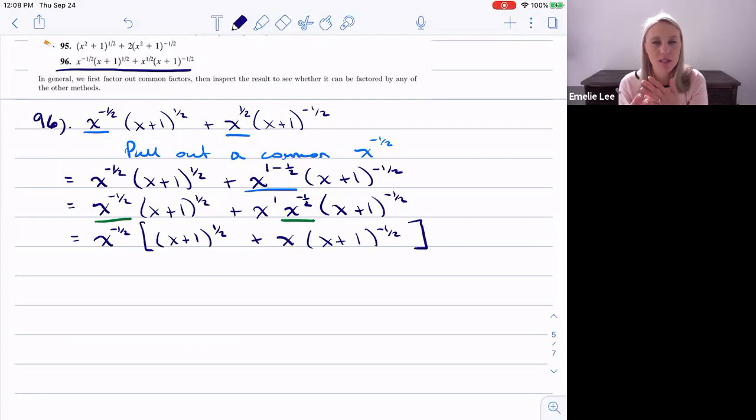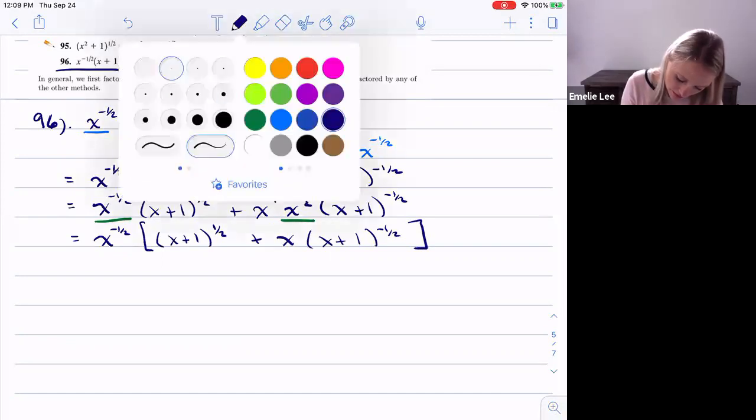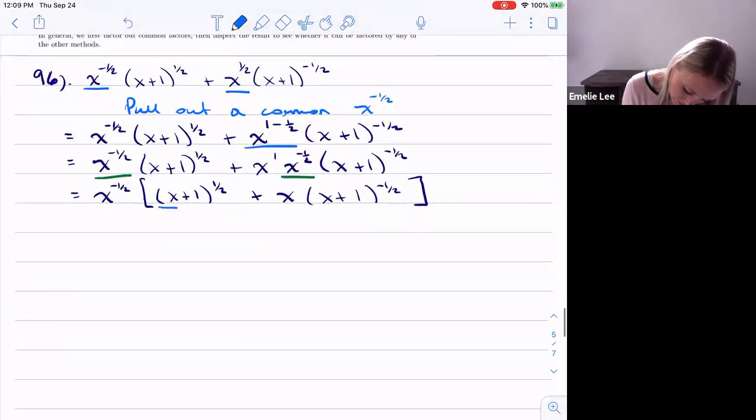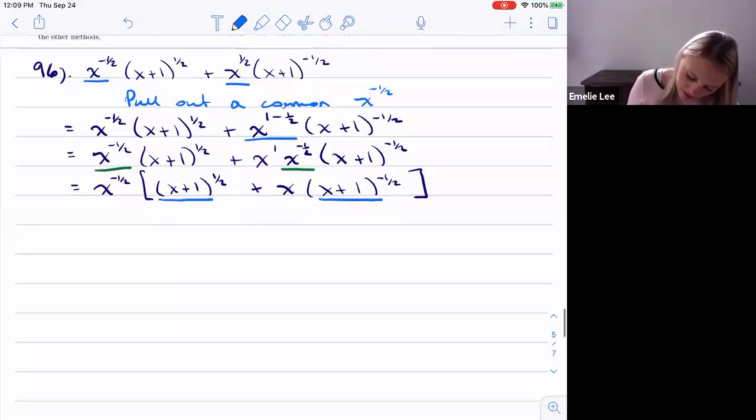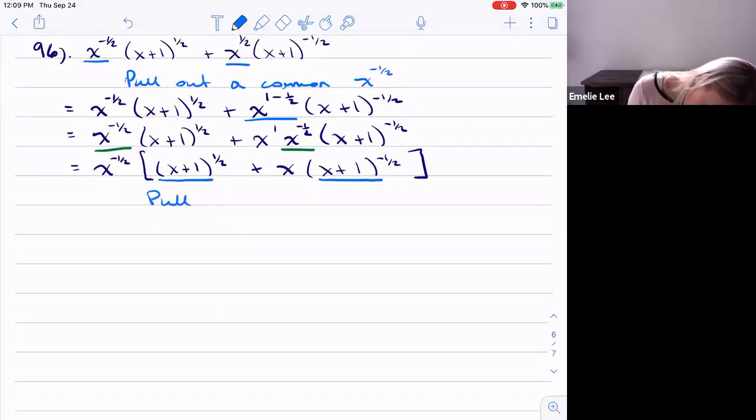Now I'm going to do the exact same thing with x plus 1, treating x plus 1 as one thing. Comparing these two, x plus 1 to the positive 1/2 or x plus 1 to the negative 1/2, I'm going to be able to pull out a negative 1/2 again, because that's my smallest exponent. And so I'm going to pull out a common x plus 1 to the negative 1/2.